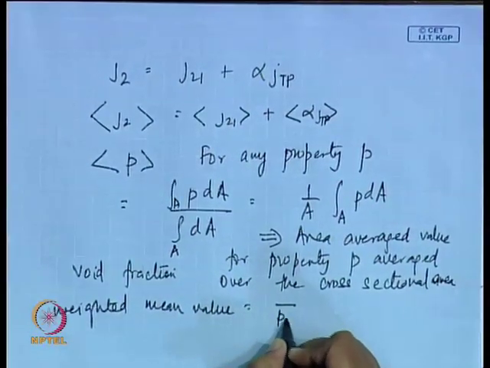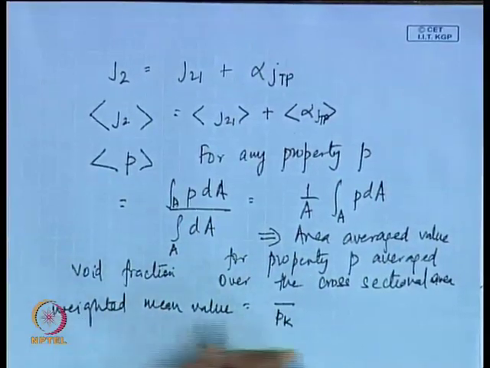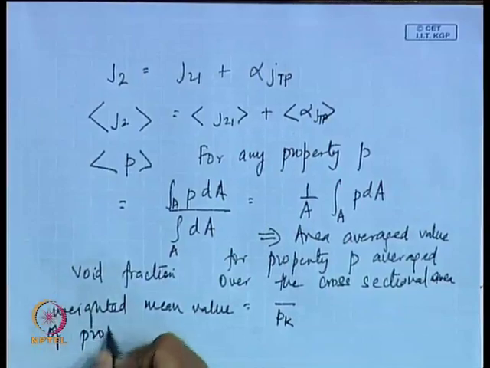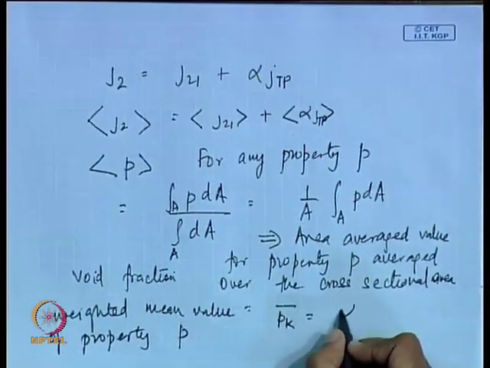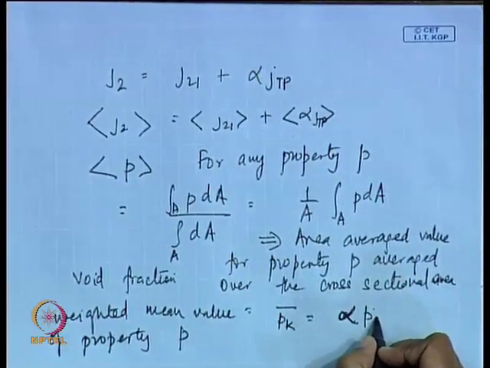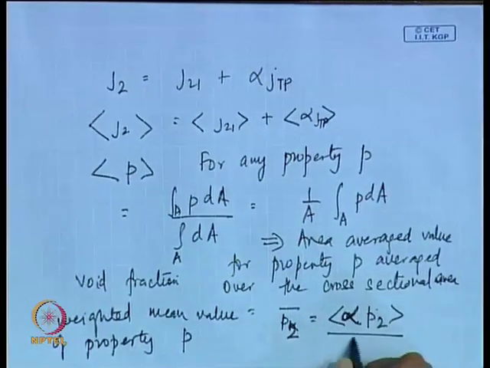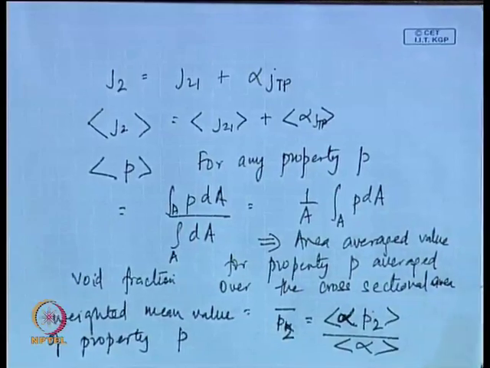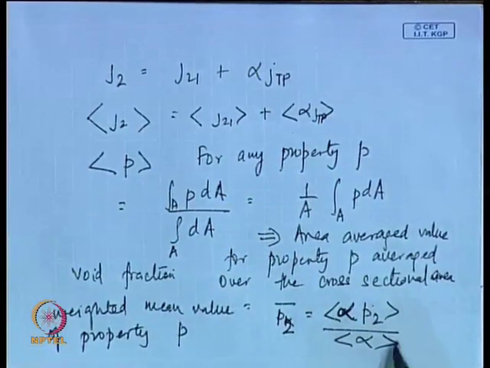For any particular property P of phase k, whatever it is, the void fraction weighted mean value, P k bar, is nothing but alpha P by alpha. If it is P2, then it is alpha P2 by alpha. If it is P1, then it is 1 minus alpha P1 by 1 minus alpha. So, this is one particular term which is very important.